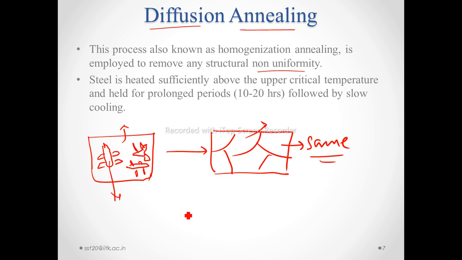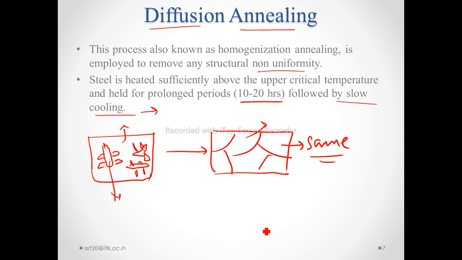In this process, the elements present will diffuse into each other at that temperature and make a uniform distribution. Hence, the steel is heated sufficiently above the upper critical temperature and held for a prolonged duration of 10 to 20 hours, followed by slow cooling, resulting in a uniform distribution.